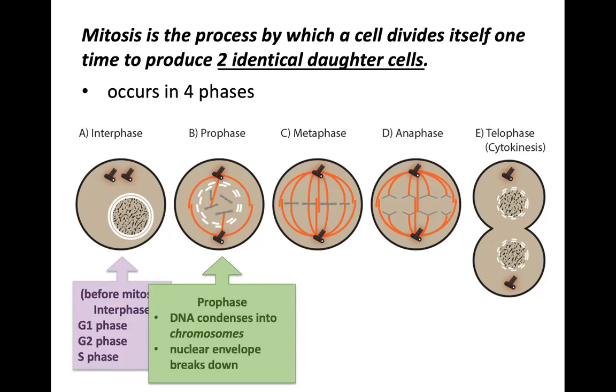Next is prophase. Some key pieces that we need to know about prophase. DNA condenses into chromosomes. So you're going to see chromosomes start to form. And the nuclear envelope starts to break down or disappear. Okay?